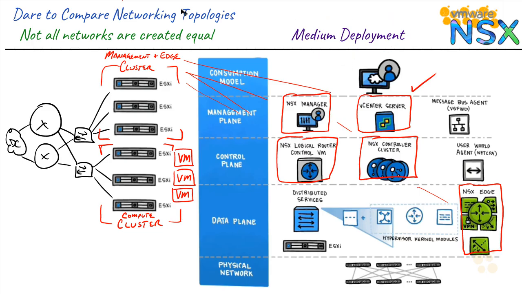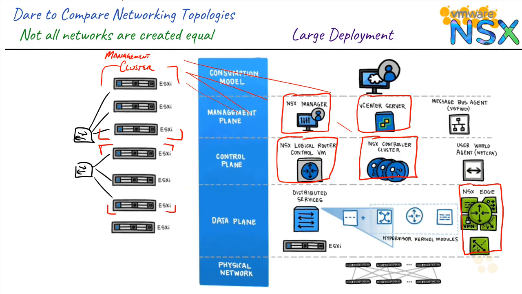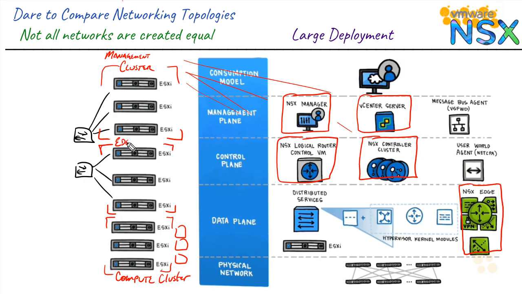But let's take it one step further and take a look at an enterprise or large-scale deployment. So now as we scale out, we're going to add a few more ESXi hosts and put them in another cluster. And this bottom cluster is once again going to be the cluster to support our VMs, and therefore it's our compute cluster. But now we're going ahead and differentiating between our management cluster and our edge cluster.